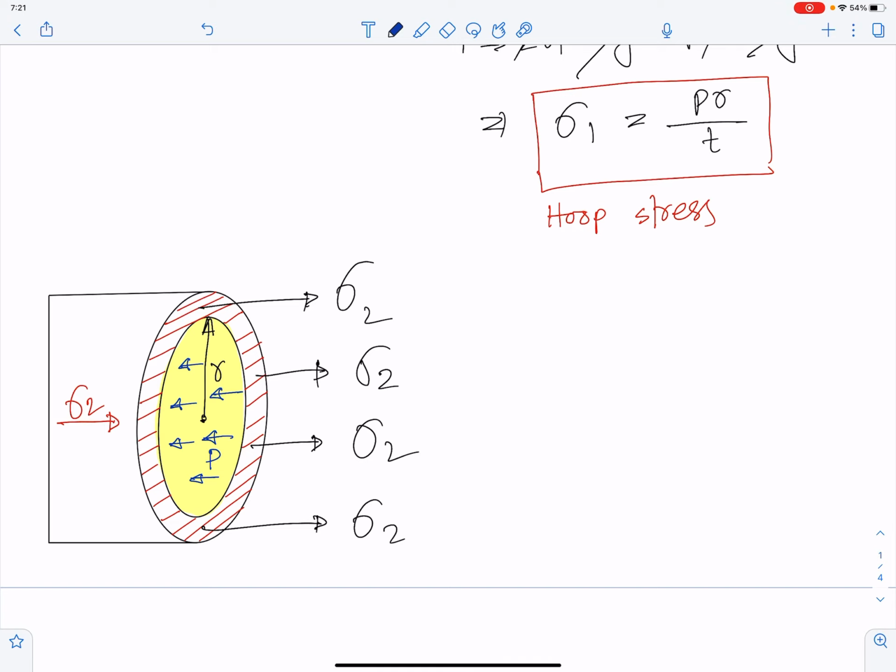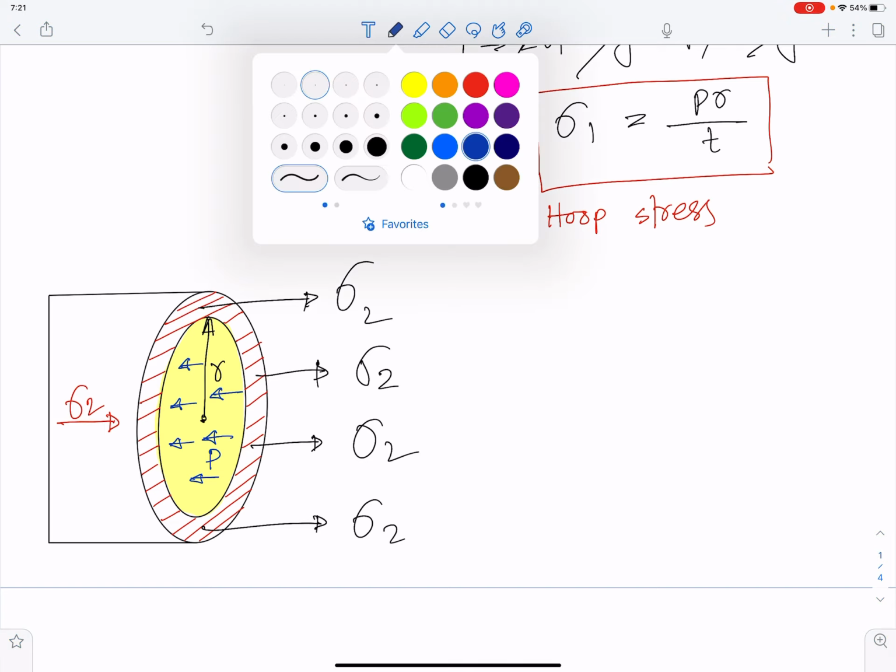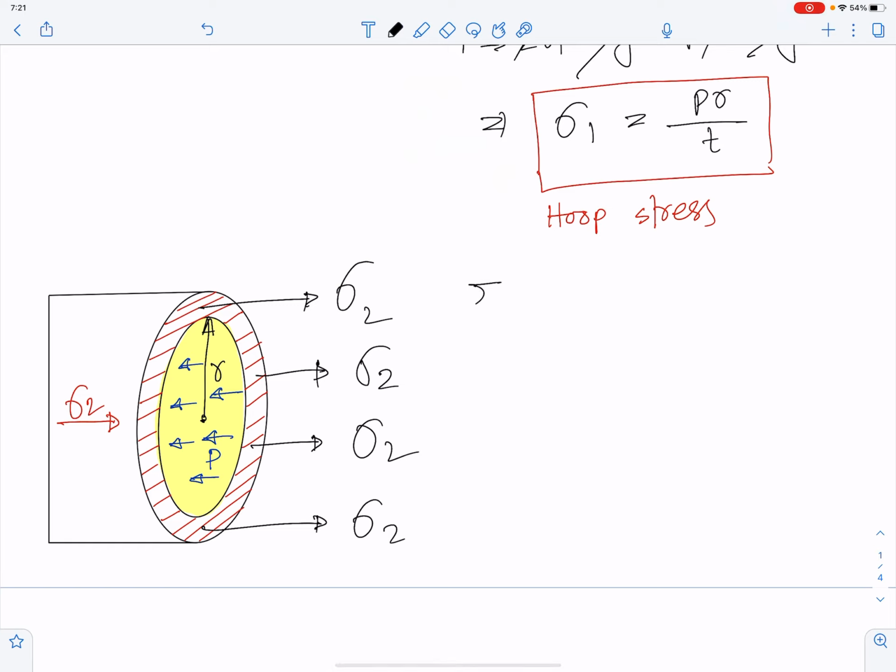Now if we do the force balance, summation of Fy, again this is y, this is z, and this is x. We are doing it along the y direction.